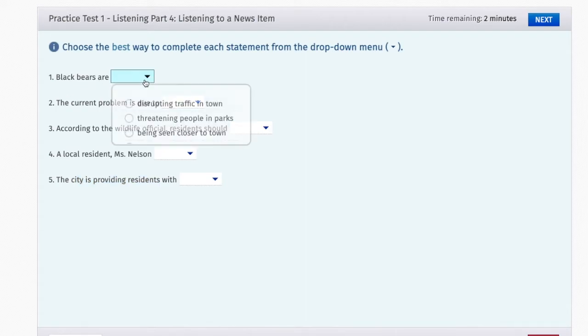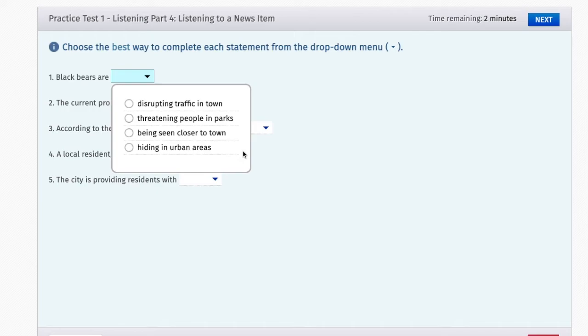Okay, now when we look at the answers, we have 4 answers here: disrupting traffic in town, threatening people in parks, being seen closer to town, hiding in urban areas. Now, I remember I heard lots of these words.